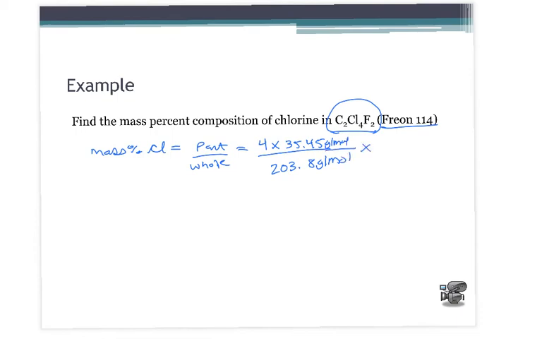And of course, we multiply the whole thing by 100 to get a percentage. These units cancel out because it becomes unitless. And so we end up with 69.58% chlorine in Freon 114. This will help scientists know how much damage is being done to the ozone layer based on how much of this Freon we're putting out in the environment.